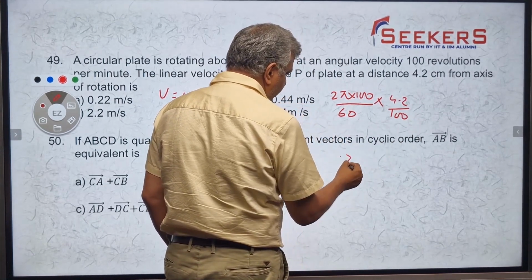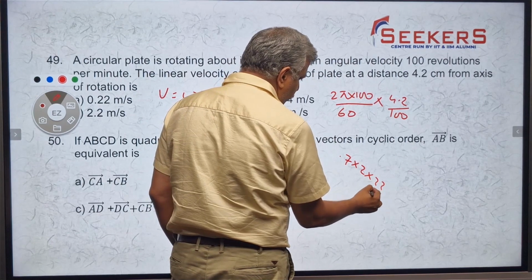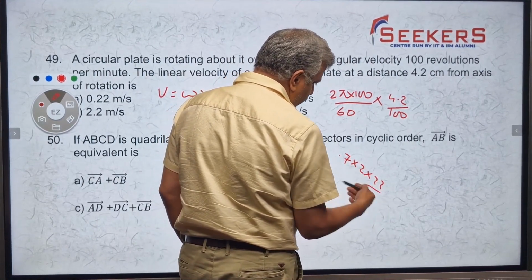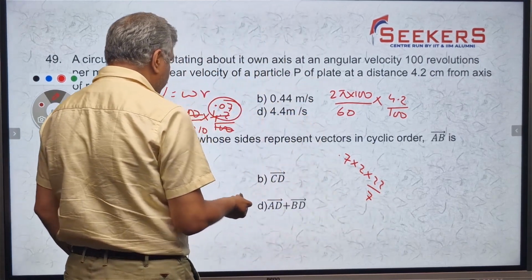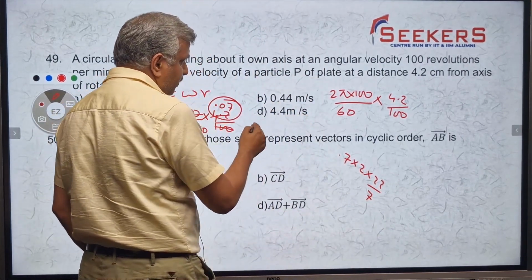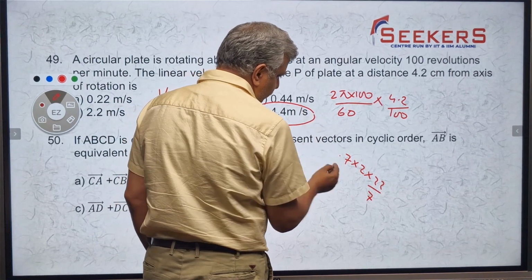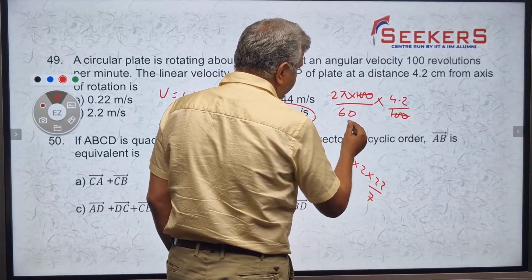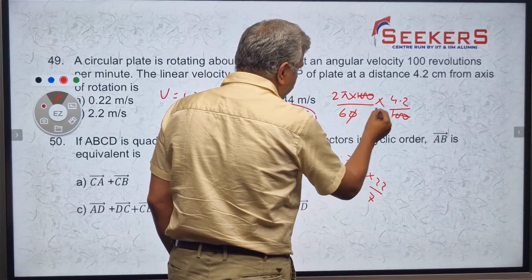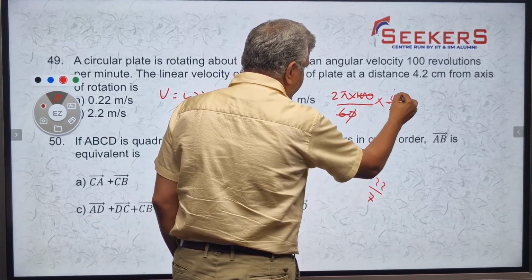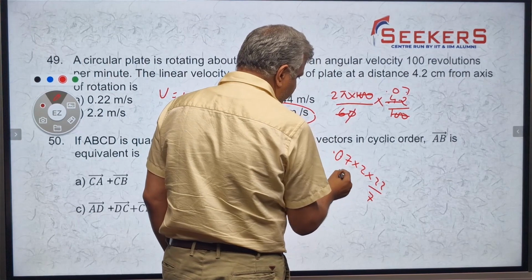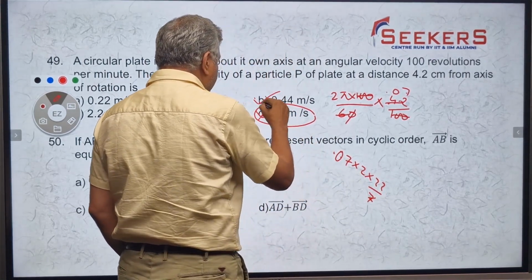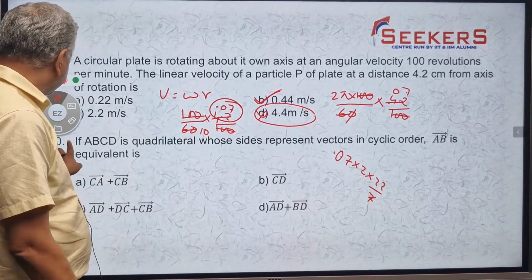These two get cancelled. So 6 will go 0.07 times. So it is 0.07 into 2 into 22 by 7, into this much. So this will be 0.44 meters per second. Not D. Option B is the right answer.